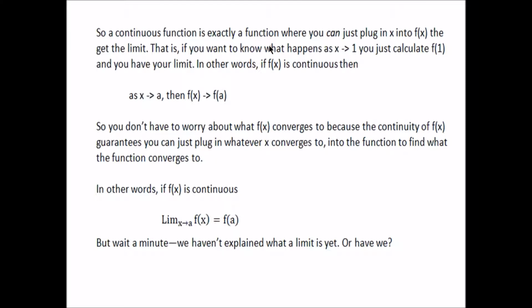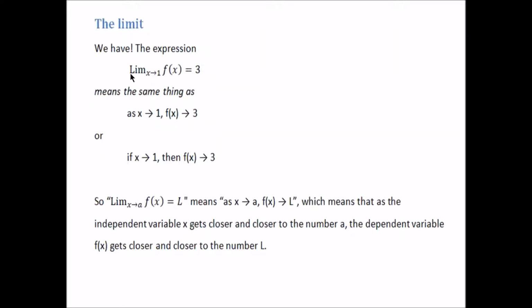So if you have a continuous function, finding the limit is easy. You just plug in the a value and the limit is whatever comes out. Okay? In other words, if f is continuous, the limit of the function as x converges to a is just the function's value at a. But wait a minute, we haven't really explained the limit yet, have we? Well, yeah, we have. This definition means the same thing as this.